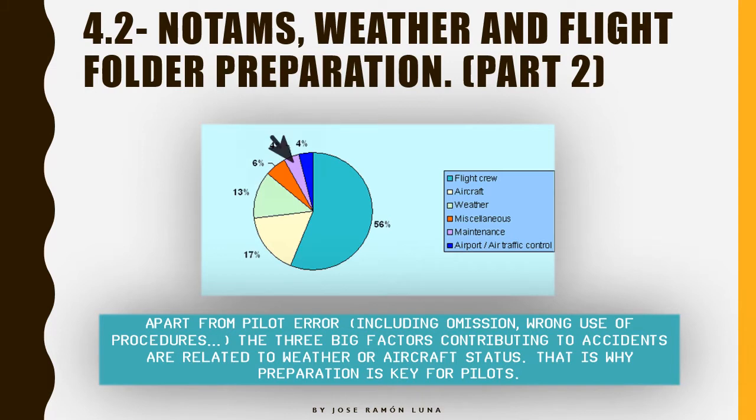As pilots, we have the responsibility of managing those threats in order to lower the risk and therefore enjoy a safe flight. As I mentioned in a previous lesson, a good ground preparation is key for a safe flight. We need to prepare so that if an abnormal situation appears, we are able to manage it the best we can.